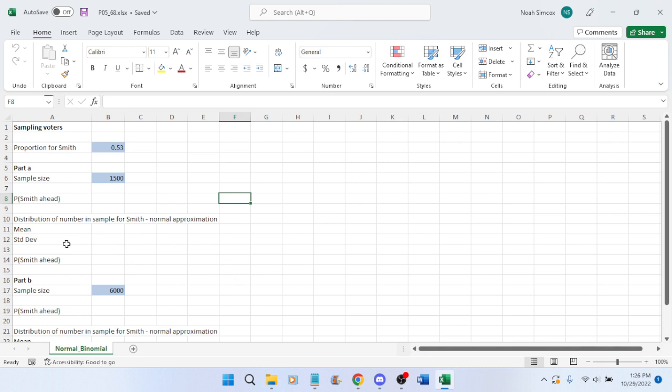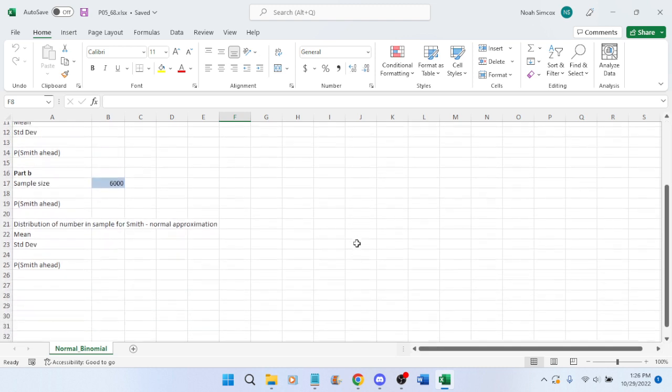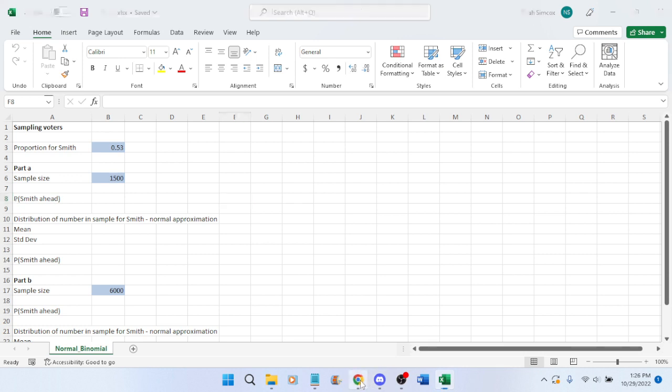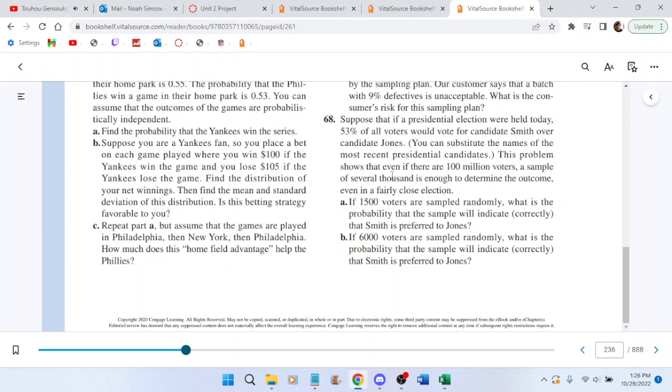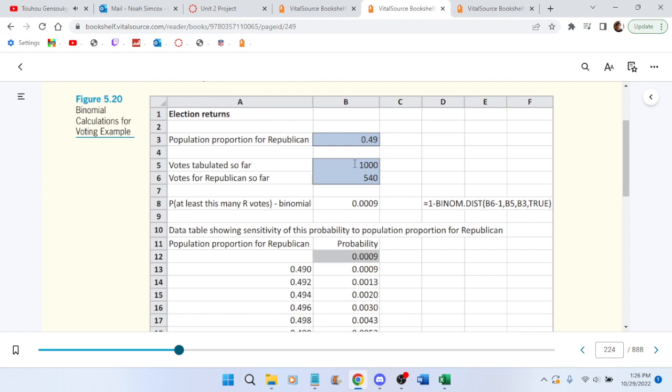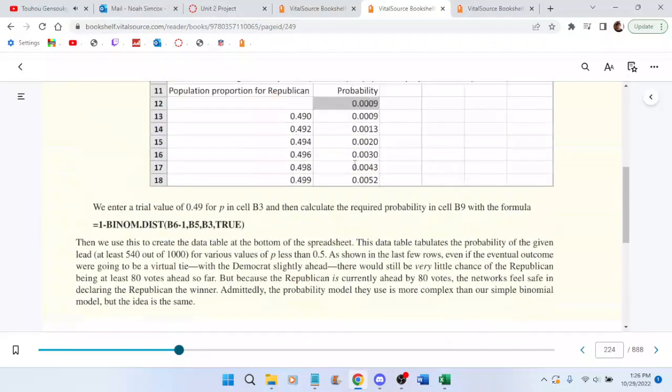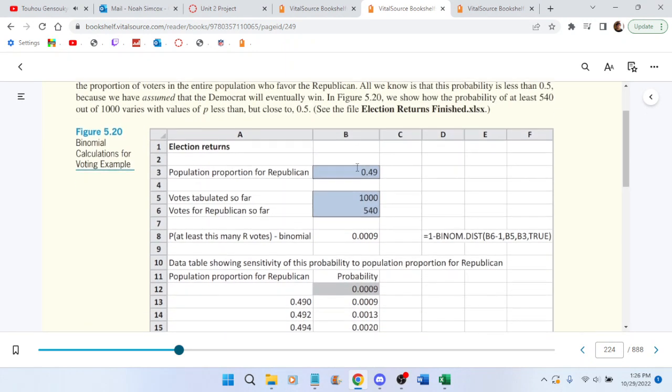I don't know why there's a mean and standard deviation calculation here. Man, why is this so hard? Oh, because our textbook sucks. Our textbook is terrible.